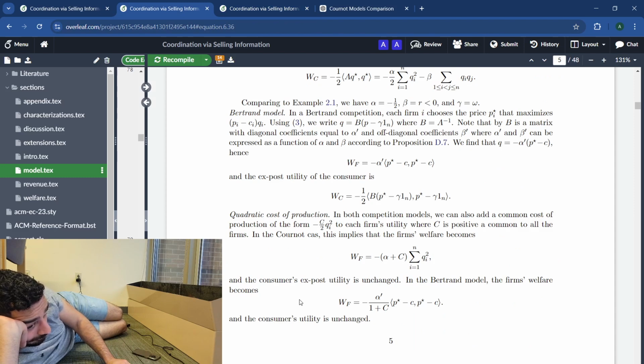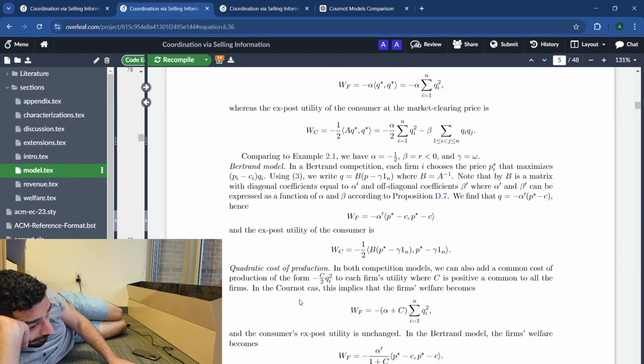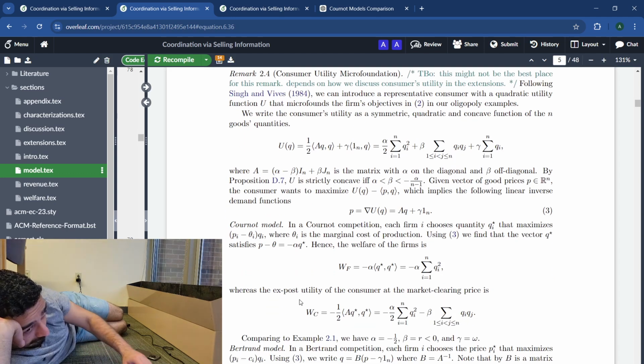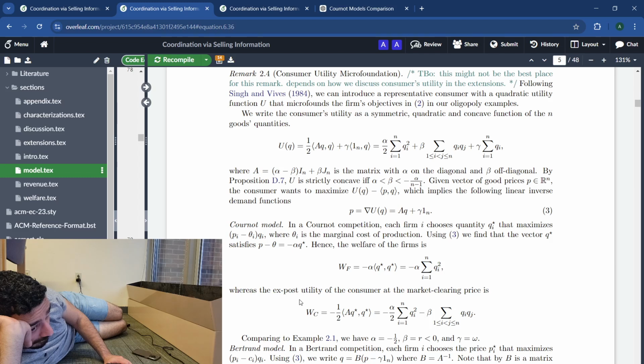So using 3, what is 3? Okay. 3 is here. Yeah. P is AQ plus gamma n. That is for the general case.